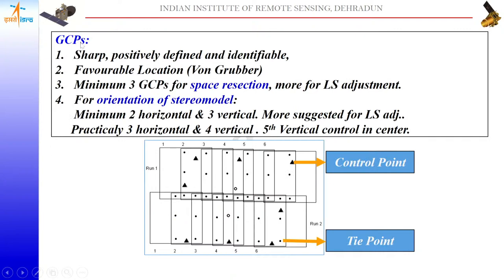So GCPs should be sharp, as I told you, positively defined and identifiable on the ground as well as on the satellite image. Then favorable location. Then minimum 3 GCPs for space resection and more for least squares adjustment. For orientation of a stereo model, minimum 2 horizontal and 3 vertical, and practically 3 horizontal and 4 vertical. So this is how you can do that.